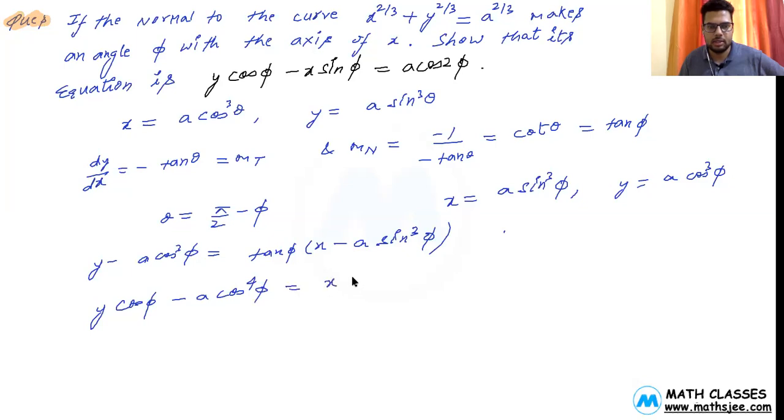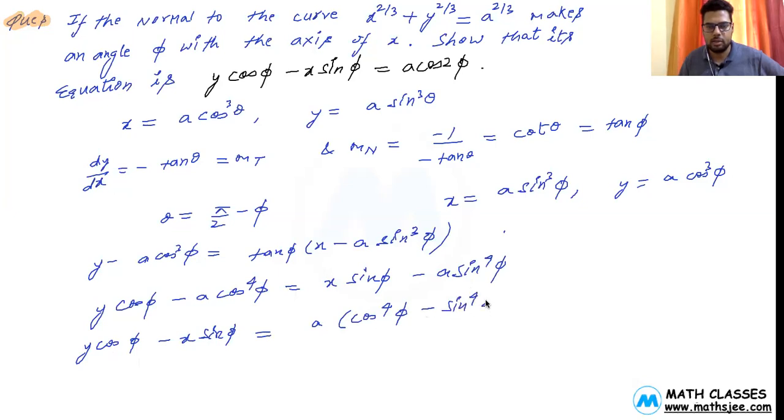This becomes x sin phi minus a sin raised to the power 4 phi. You can rearrange this: y cos phi minus x sin phi. You can take this on this side, so a times cos to the power 4 phi minus sin raised to the power 4 phi.